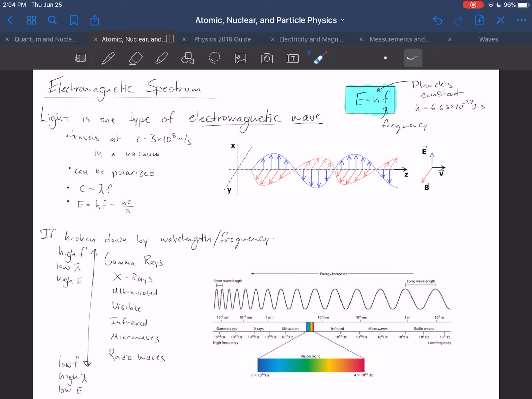That is a relationship that we will use a lot going forward. And the other big picture thing to recognize is that this idea of the electromagnetic spectrum is simply a way of laying out all the possible electromagnetic waves, all the way from radio at that low frequency, high wavelength, low energy side of things to gamma rays at high frequency, high energy, and low wavelength.